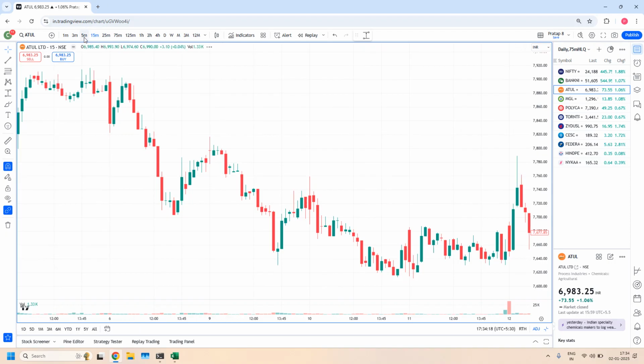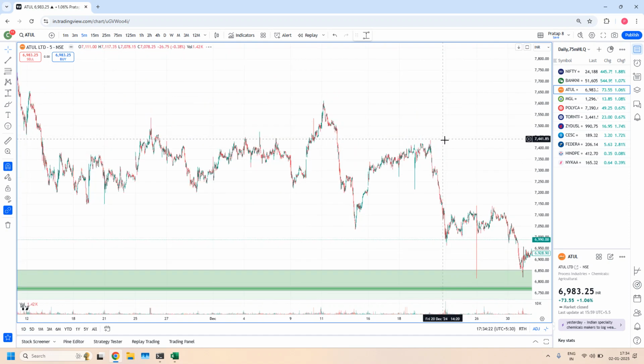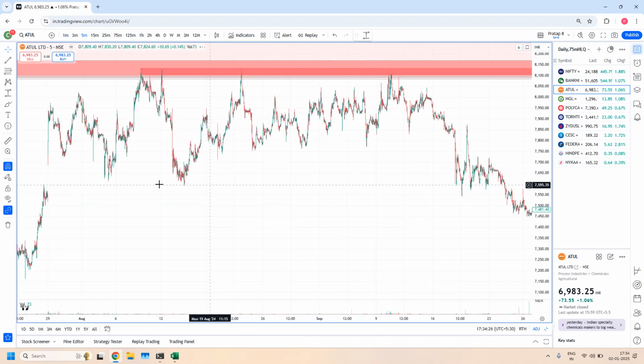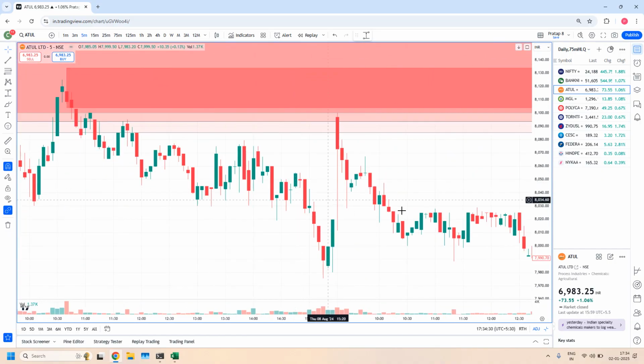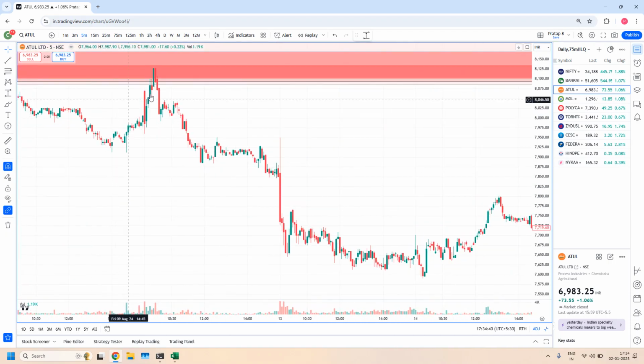Within this 15 minutes area, we have a fine-tuned 5 minute zone. We have a rally, 1, 2, 3 base candles and a drop candle, and this zone was tested several times.